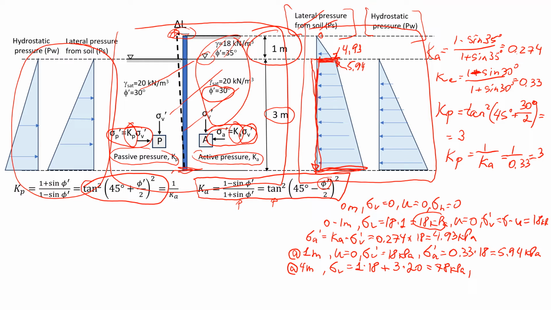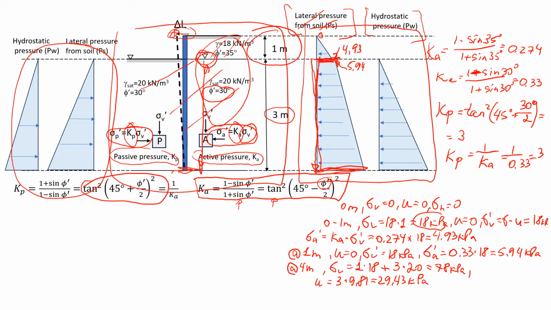We estimate the pore water pressure. This is where we have the groundwater level. So we have 3 meters of water, right? In this case, I'm going to write 3 meters times the unit weight of water, 9.81. That will give us 29.43 kPa.